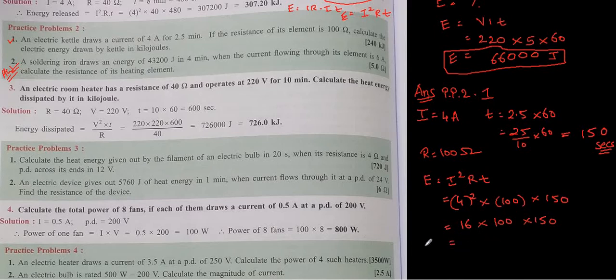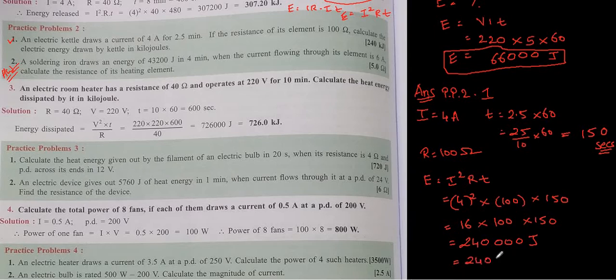So how much does it come up to? 16 multiplied by 100 is 1600. 1600 multiplied by 150 comes up to 240,000 joules. We have to find the answer in kilojoules.